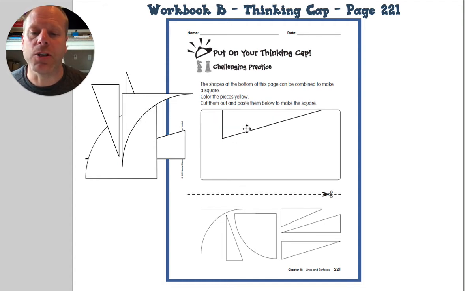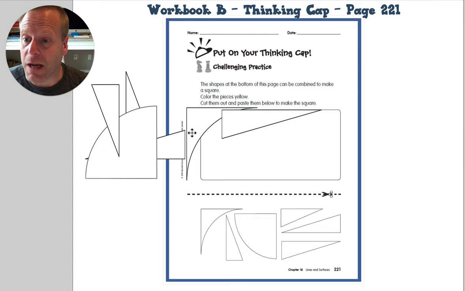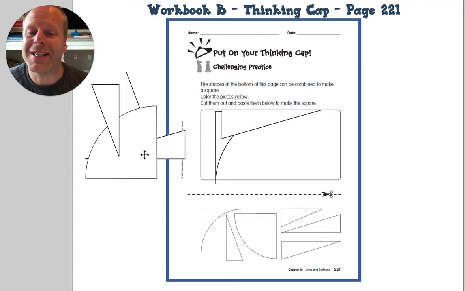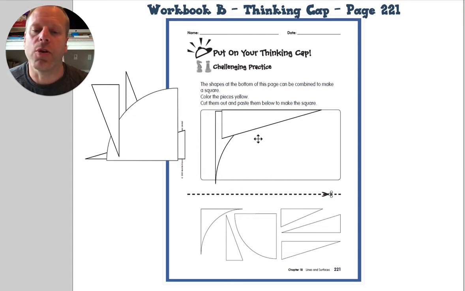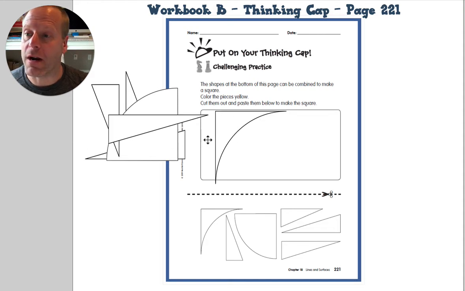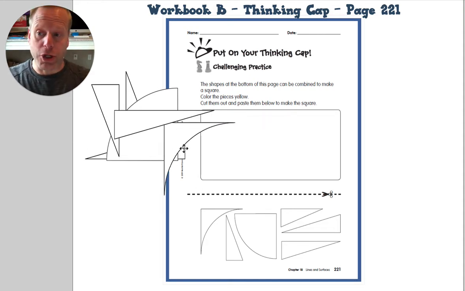Your job is going to be like a jigsaw puzzle. You have to put these shapes together so that they form a perfect square. You can rotate the shapes on Seesaw, but you're not really allowed to switch the sizes of the shapes, if that makes sense. That should be a fun one for you.